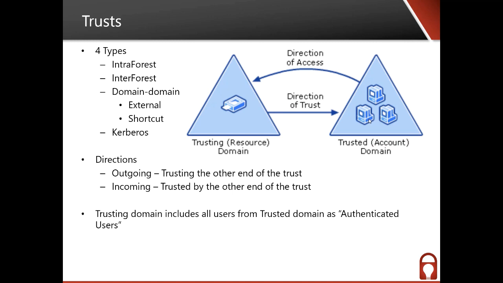One important thing to know is that a trust is just that. As soon as you establish a trust relationship with another forest, all of the domains in those forests are all included as authenticated users. This immediately gives them some level of access to resources in your environment.